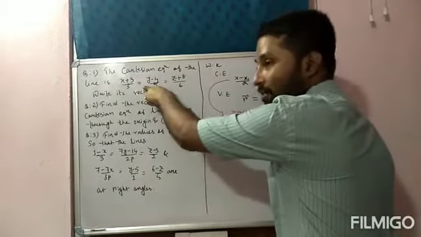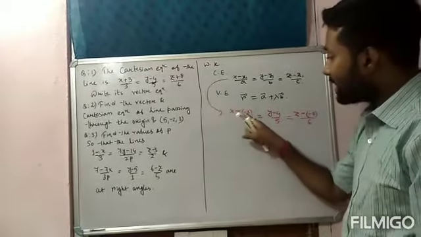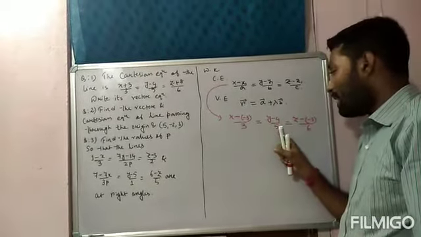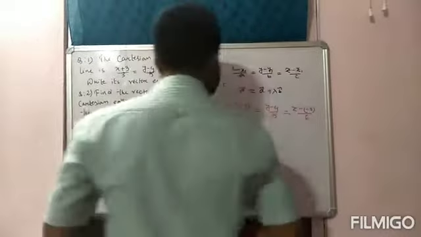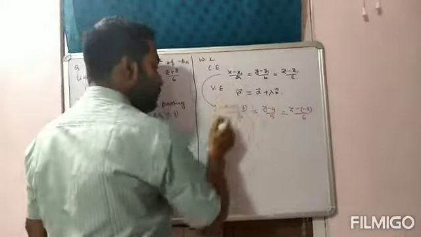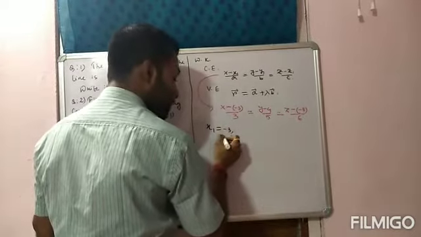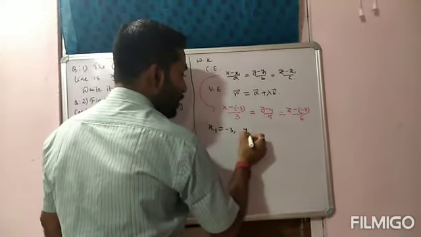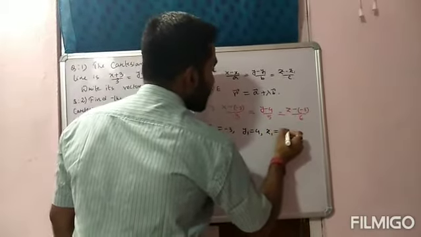Of course, it is a Cartesian equation only, but now this is in standard form, (x minus x1)/a, (y minus y1)/b is equal to (z minus z1)/c. Why do we need to write in standard form? So that if we compare this equation with the standard form, then we can say that here x1 is equal to minus 3, y1 is equal to 4, and z1 is equal to minus 8.